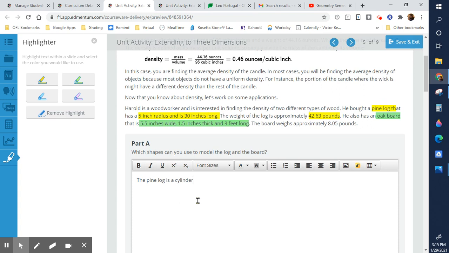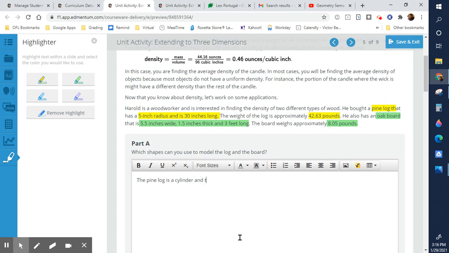They don't ask us to do it in this, however, it is a good idea to measure the volume right now. But the way they're asking this, I'm not going to answer that right now. So the pine log is a cylinder.